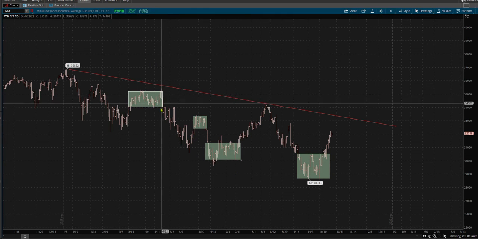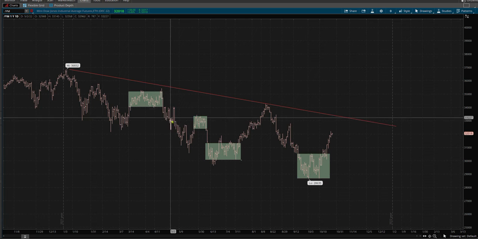You got a balance area here, it broke down, good time to get in right about here, even though here's another balance area. And then you can stay with it unless it breaks above, and then you can get out and take a small loss. Or if it stays in here and starts breaking down, you stay in it. And you got in here, and here's your profit right here.